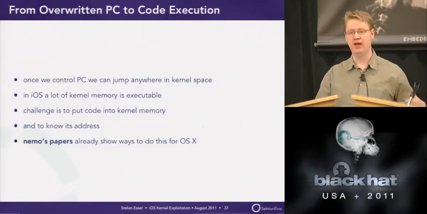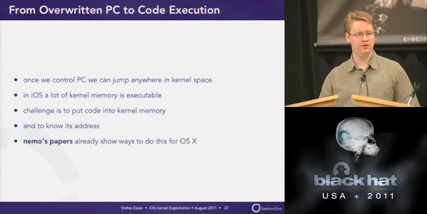Of course, you can usually jump anywhere in kernel space when you overwrite the program counter. And one thing about the iOS kernel is that a lot of the memory, or maybe all inside the kernel, is somehow executable. I think Comex once said that this was different in earlier days. That's why he had some special kernel patches in his old jailbreaks.